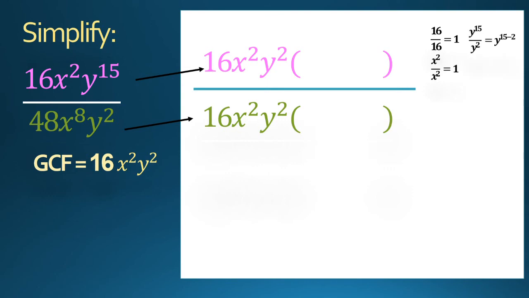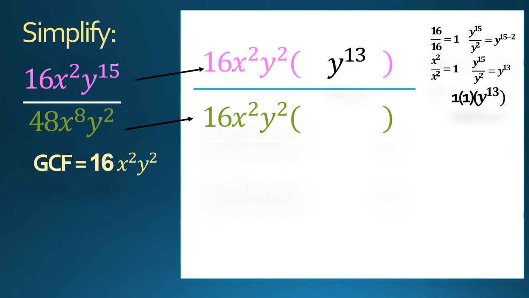Then y to the 15th power divided by y squared is equal to y raised to 15 minus 2, and that is equal to y raised to 13th power. Multiplying all the answers, that's 1 times 1 times y to the 13th power. So we will write y raised to the 13th power here.